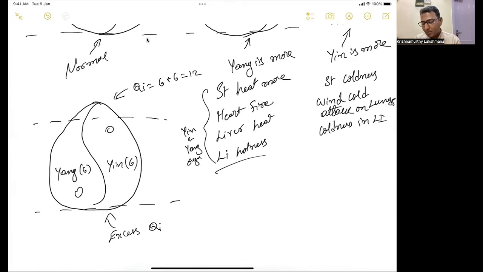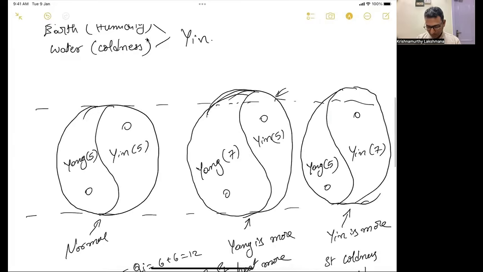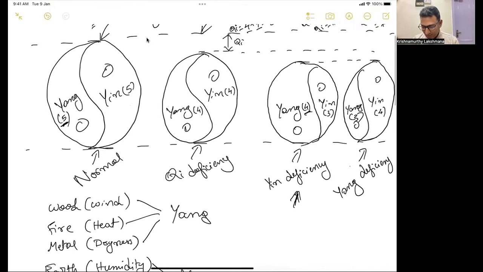Okay, so what is the main difference when yin is less? We'll go back to here. In this condition, when yin is deficient, what does the person feel? They'll feel hot. Relatively, what is more?